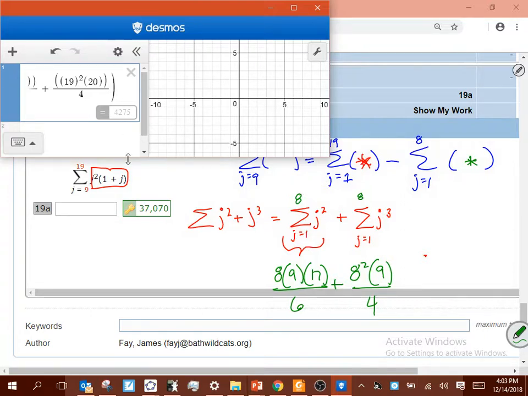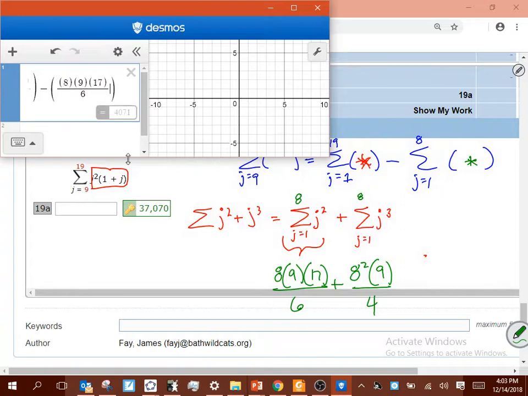I want to then subtract from that what I've got written there in green. That would be a little bit easier to type: 8, 9, 17, so that stuff is all over 6.